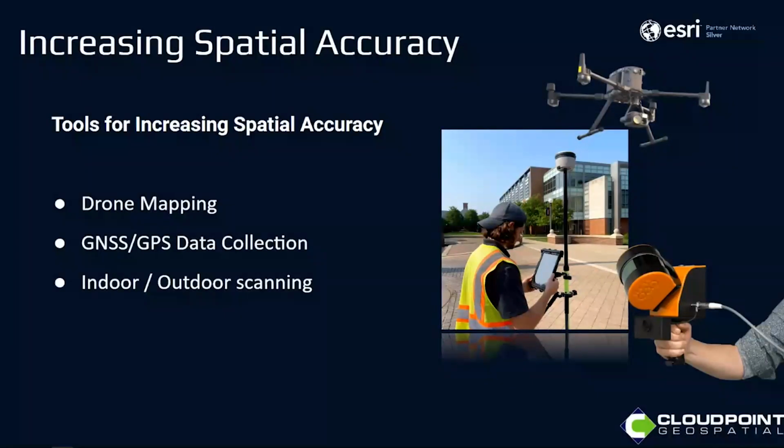This example shows an external scanner, what we call a SLAM scanner. And those are good for both indoor and outdoor collection. And those can really help you get very highly accurate information on your utilities as far as that spatial location. And then just being able to establish some clear, streamlined workflows on getting those into your GIS as you increase that accuracy.